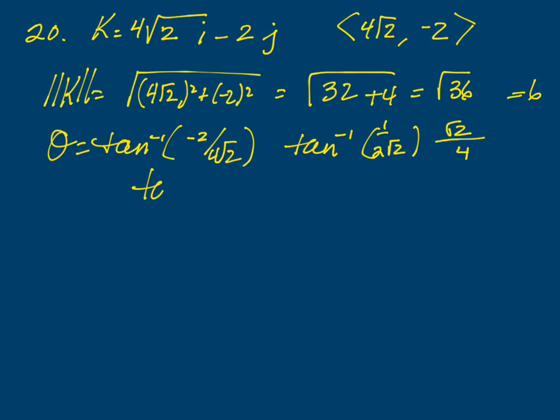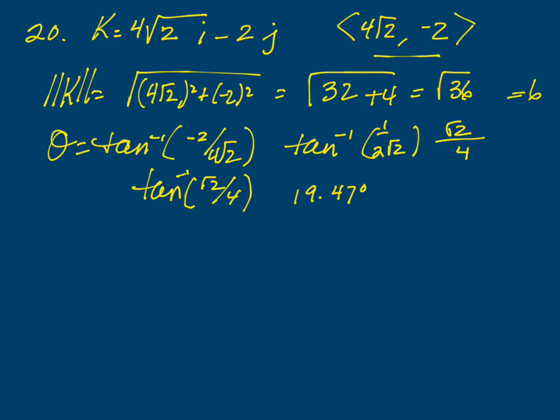So nothing. I thought maybe it would come out to one we knew. So square root of 2 over 4. Let's use our calculator. Second tan of square root of 2 divided by 4. And you get 19.47 degrees.